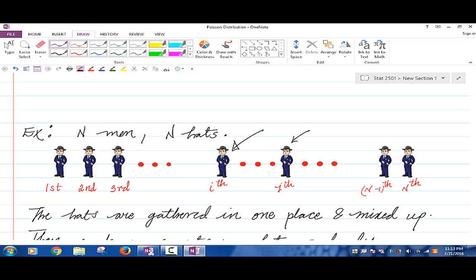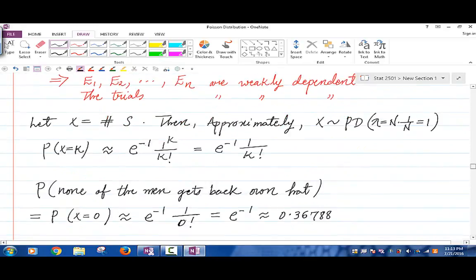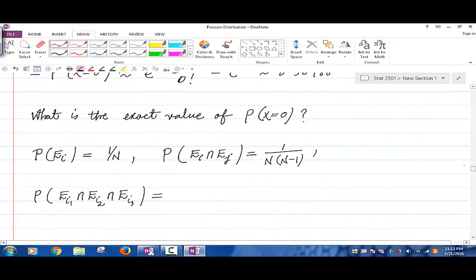So how many ways can the event E_i1 intersect E_i2 intersect E_i3 occur? Well, what it means is that man number i1, man number i2, man number i3, they all keep their hats. So the remaining hats can be rearranged in any order.